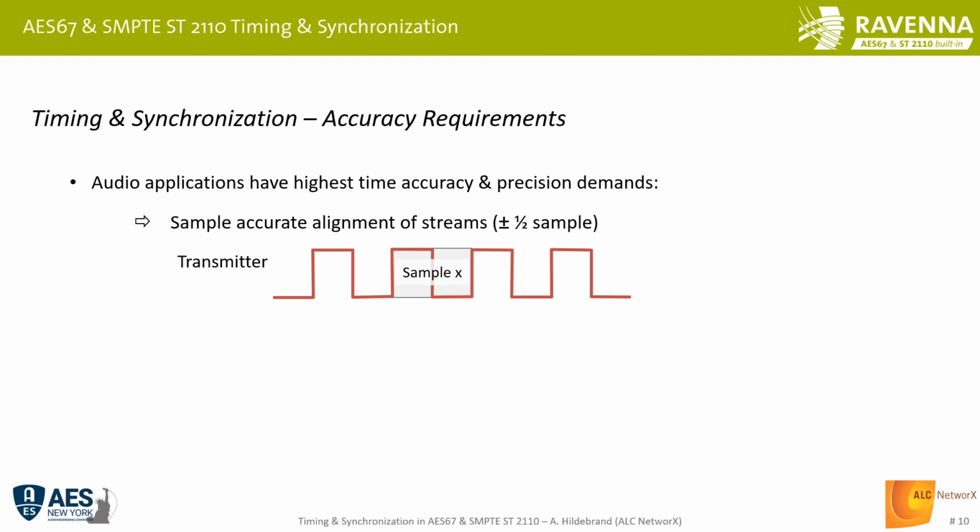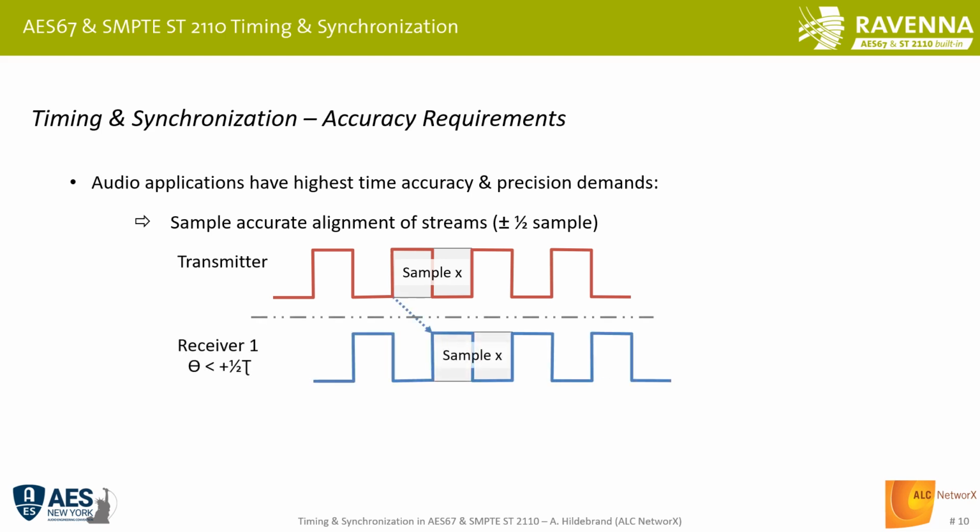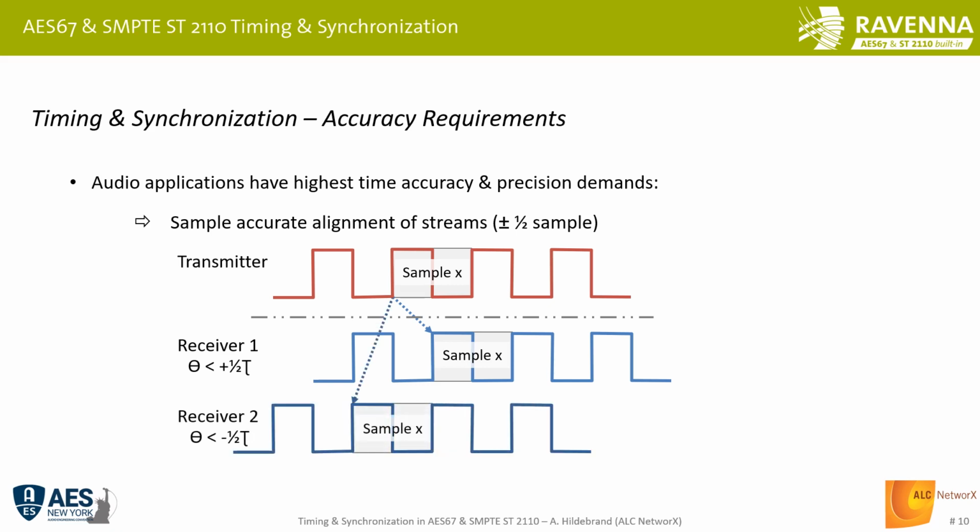So how is this? Let's see, we have a transmitter and we have a sample period here. So a particular sample falls into that sample period. We have a receiver, let's say the first receiver, which may have a media clock which is off by half a cycle. That means that the first sample of that sampling period aligns with the rising edge of that particular media clock. And let's assume we have another receiver, receiver 2, which is a bit ahead of the original media clock.